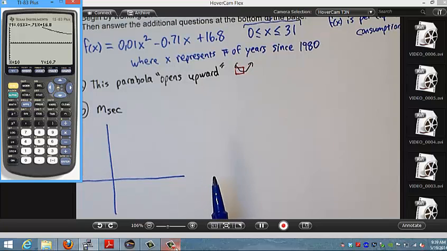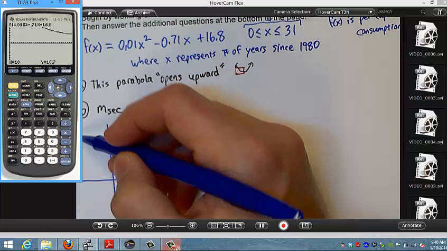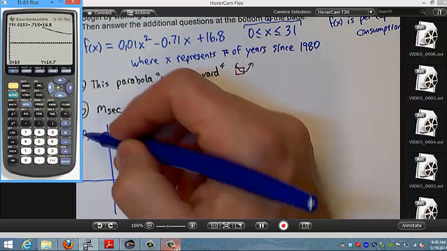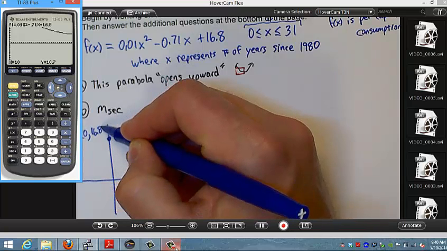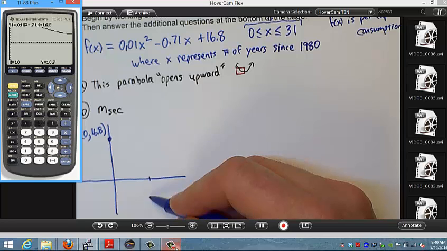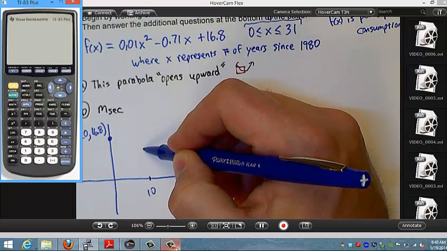Now we computed that in 1980, which is represented by 0, the per capita consumption was 16.8 gallons of milk. And then we just computed when x equals 10, the per capita consumption has dropped to 10.7 gallons of milk.